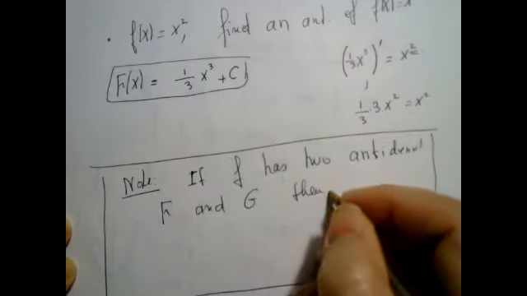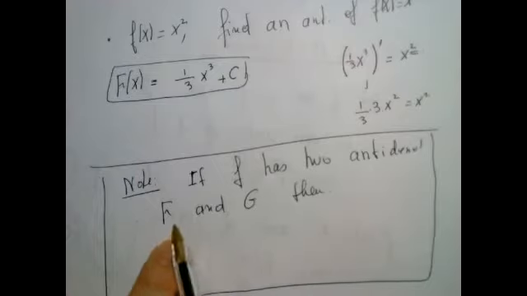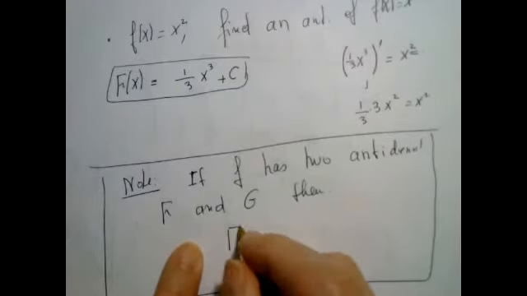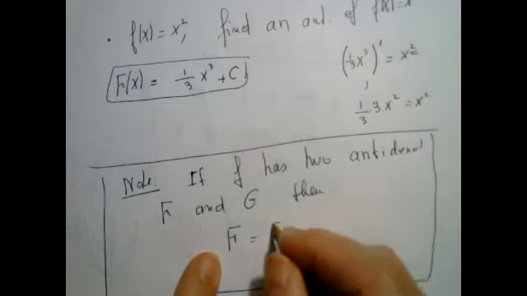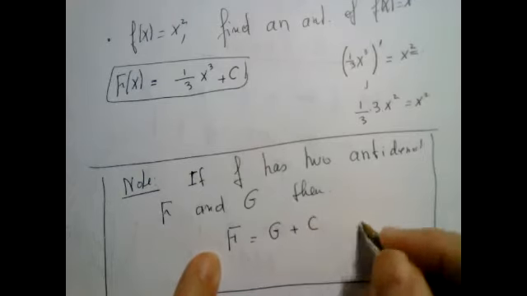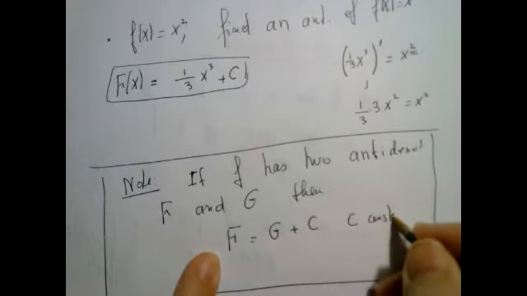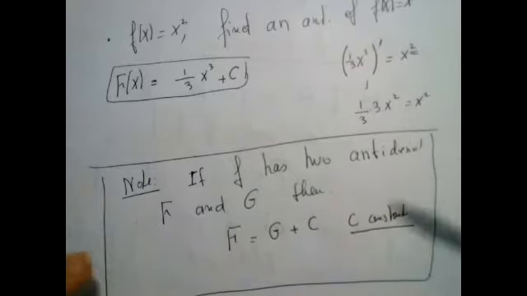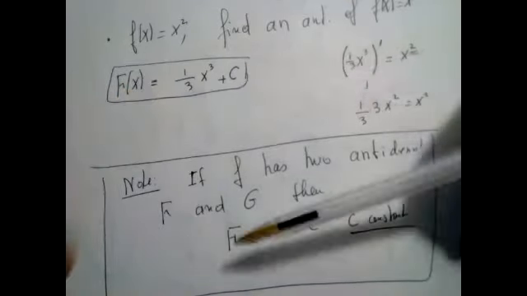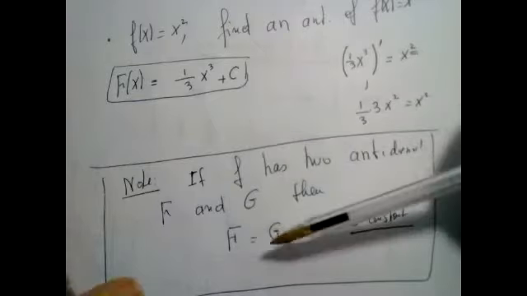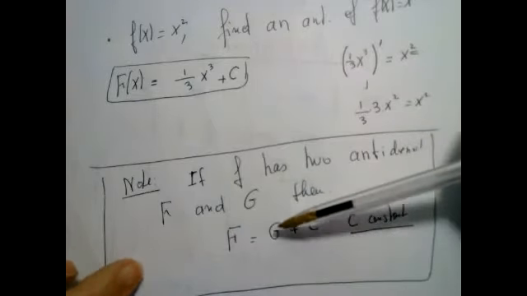The only way this can happen is that those two antiderivatives are nothing more than a shift of each other. So a function can have a lot of antiderivatives, but they are all related. The way they are related is that one is a shift of another.